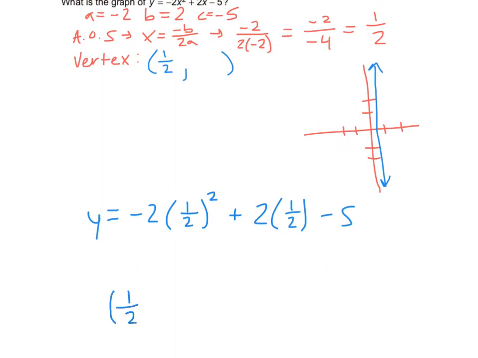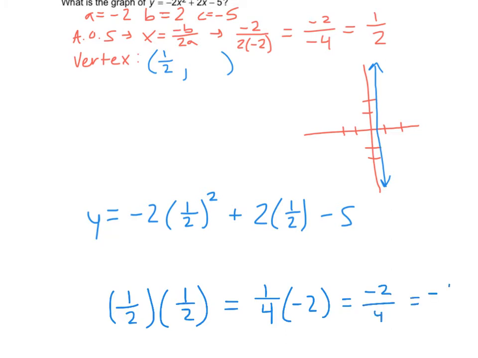What's 1/2 times 1/2? 1/4. So now we have 1/4 times -2. -1/2. So we get -2 over 4, which simplifies to -1/2.